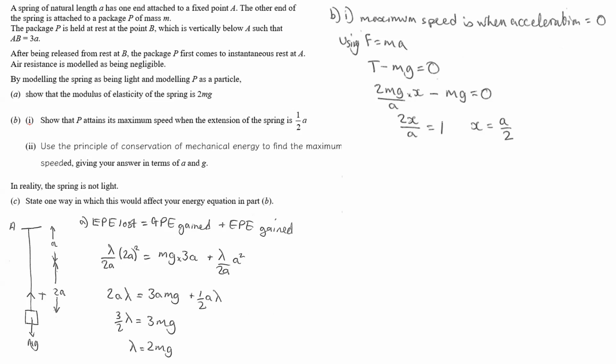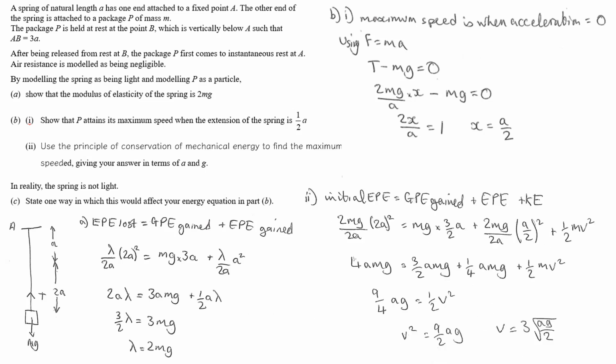Part B part 2, it says use the principle of conservation of mechanical energy to find the maximum speed, giving your answer in terms of A and G. So at the start it's just elastic potential energy, right?